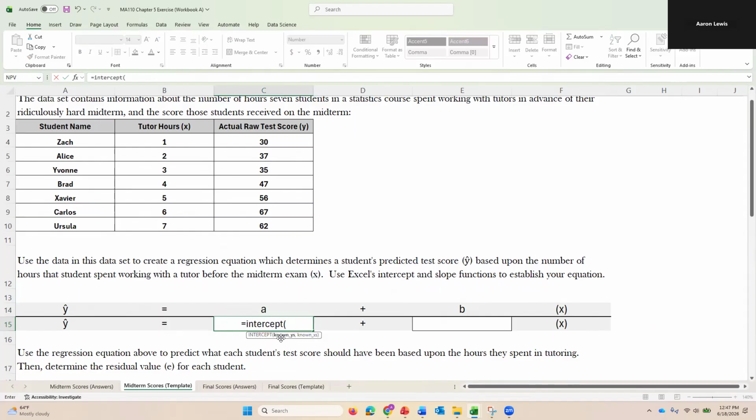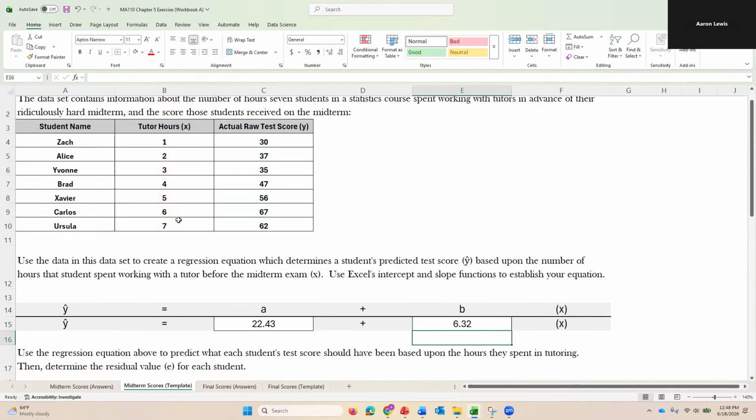The first thing it asks for is our known values of Y, which would be our actual raw test scores, and then our known values of X. And going through, our intercept is 22.43. Over here, we can do the same thing to find our B, which is our slope. So this equals the slope, open a parenthesis, of our known Y's, and comma, our known X's.